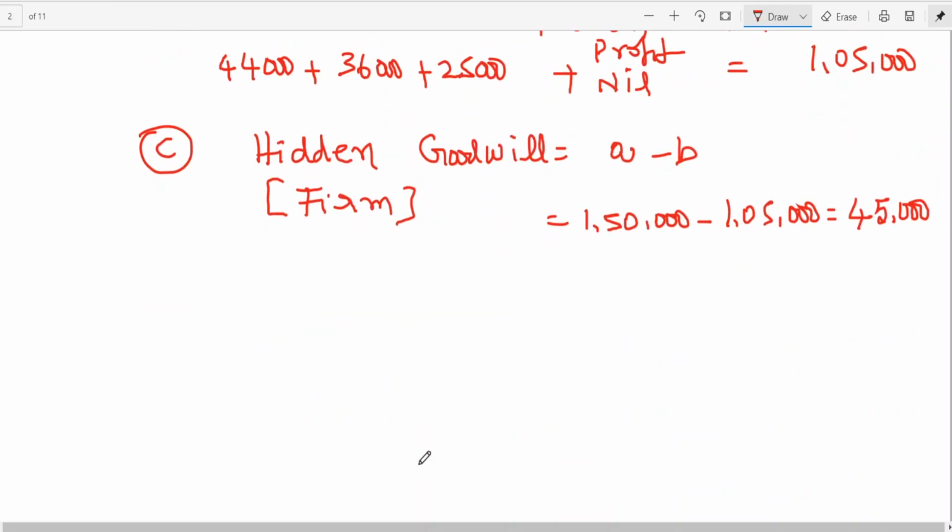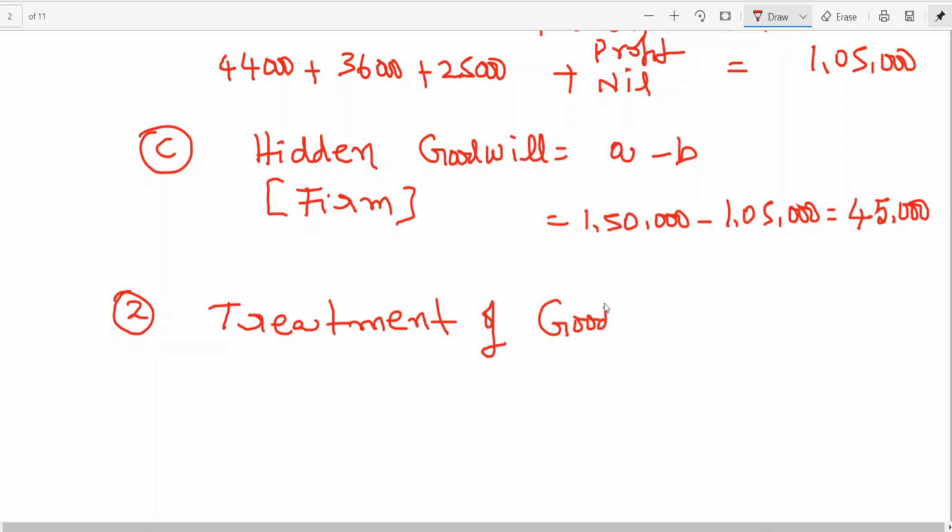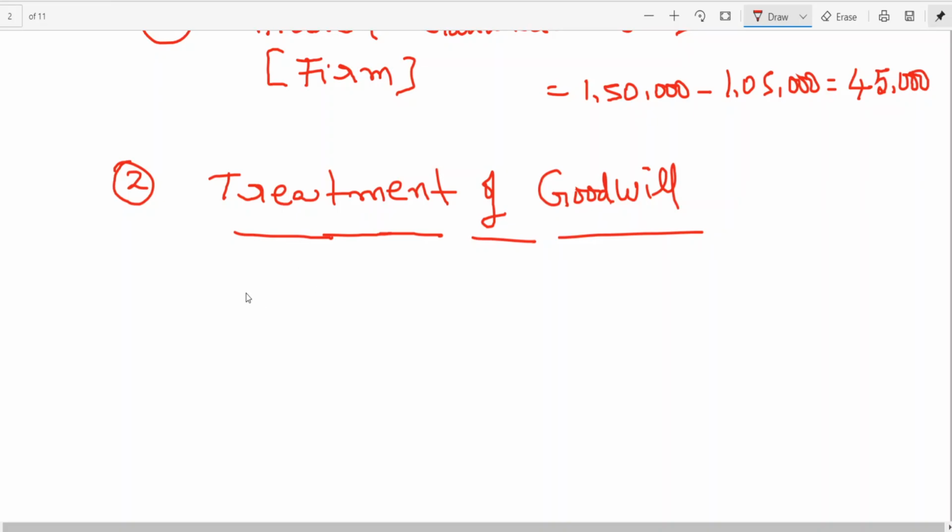Okay, now we are looking at the treatment of goodwill. Working notes number 2, treatment of goodwill. Here the firm's goodwill is given, that is 45,000.